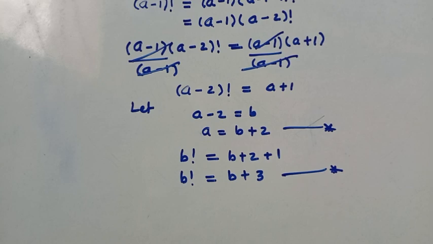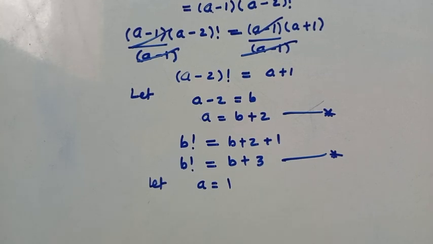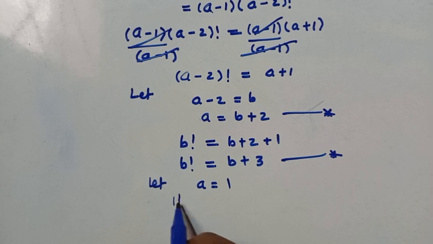The next thing we are going to do is to try values. Let's assume b equals 1. By substituting the value, we have 1 factorial equals 1 plus 3.